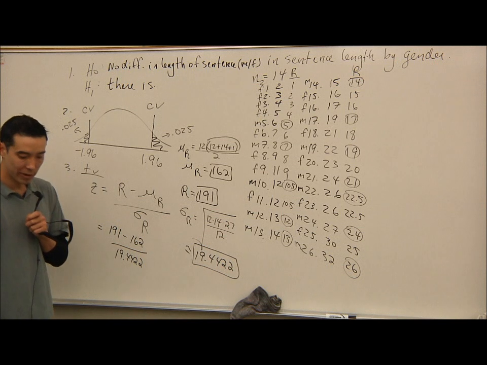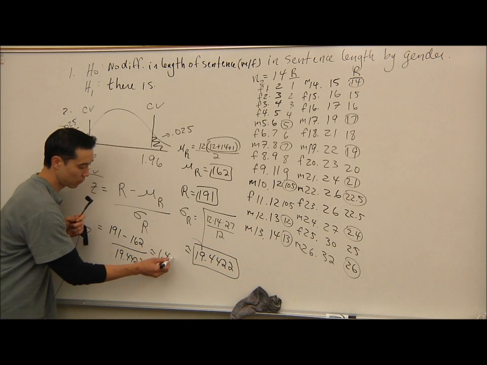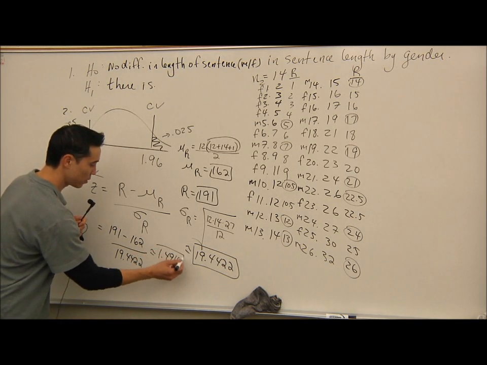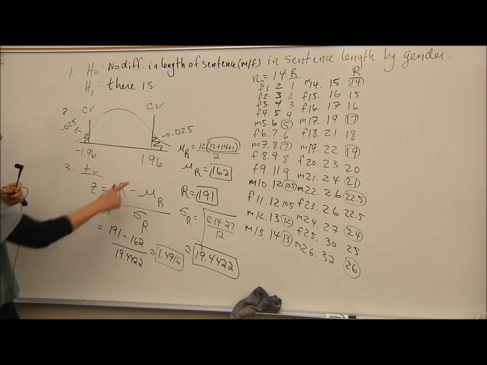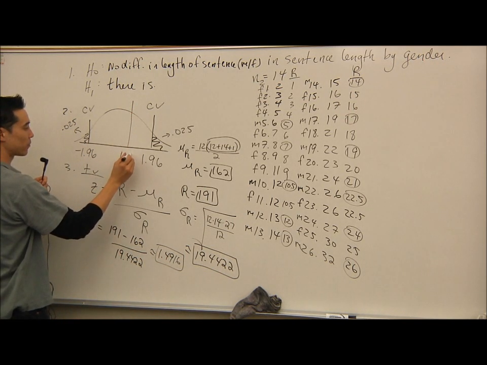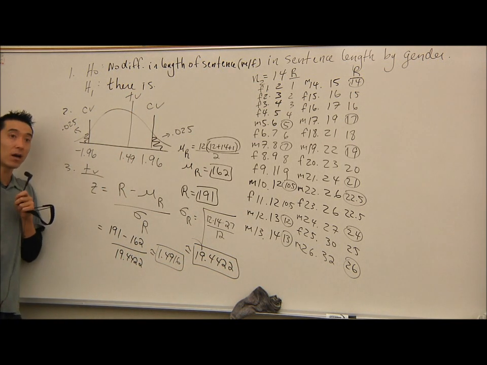You get about 1.49 approximately. 1.4916-ish. Which is not big enough to be in our rejection region. So 1.49 is maybe right here. So my test value falls in my non-rejection region.